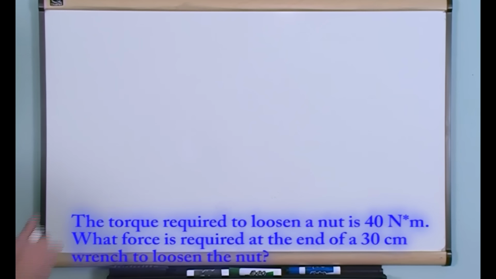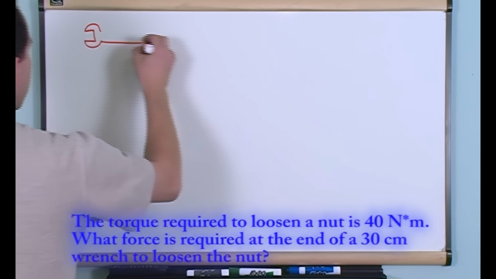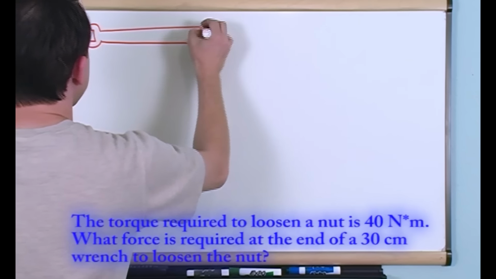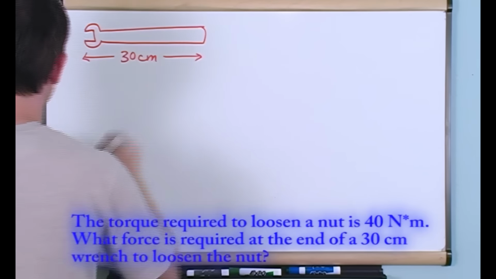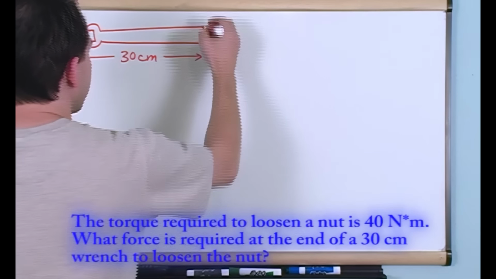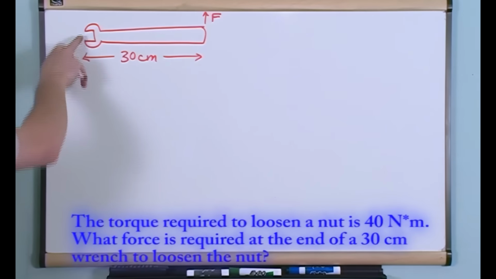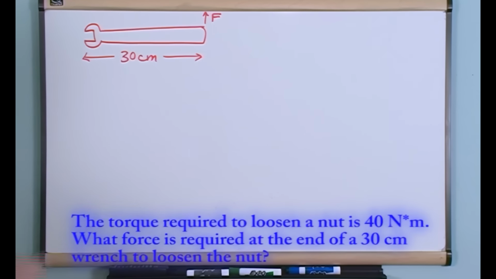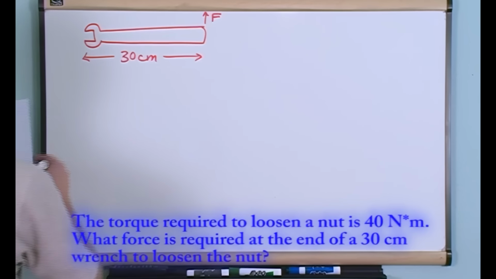So what you have here, again, is a wrench, okay? And this wrench is 30 centimeters long. And I'm trying to exert a force like this that's going to generate some torque down here. I want to figure out what force I need to exert to generate a torque of 40 Newton meters.